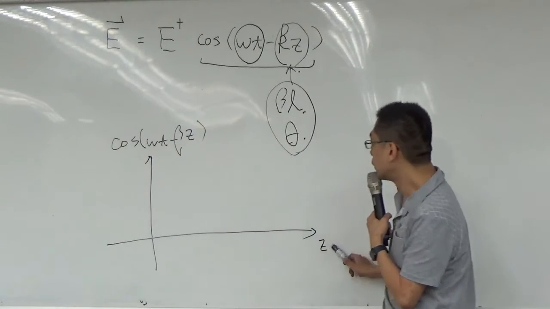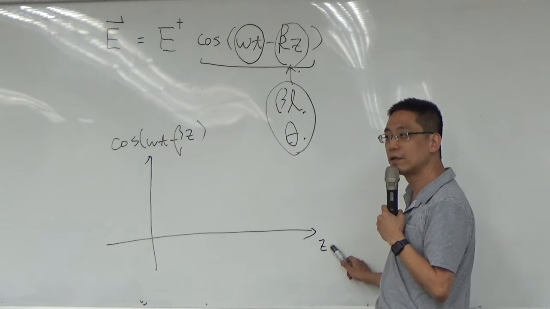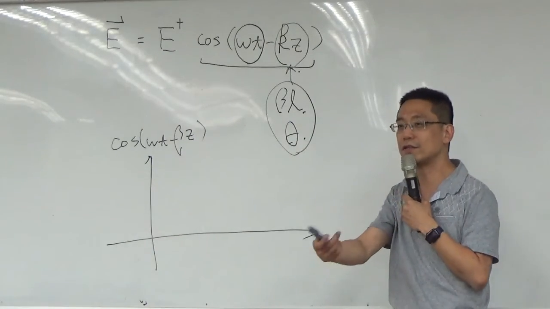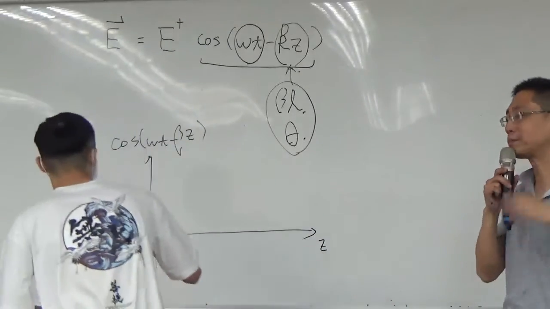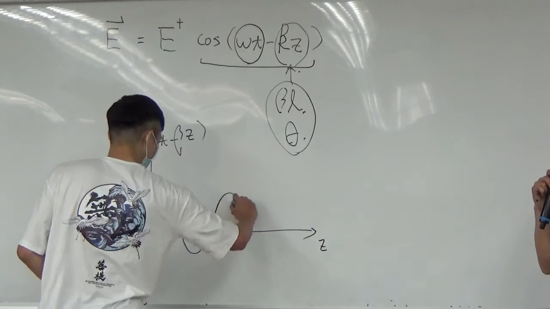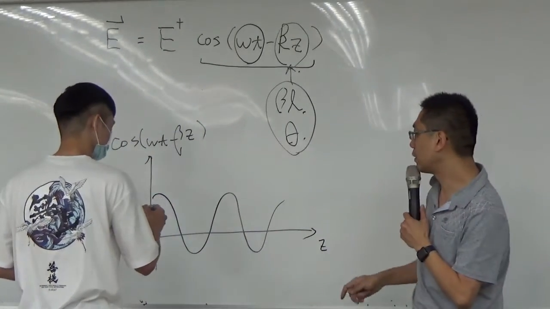Just want to do something with z. Anyone raise your hand? I just want a simple picture. Okay, just right now, it's easy, 2 points. Yeah, you should write down carefully.